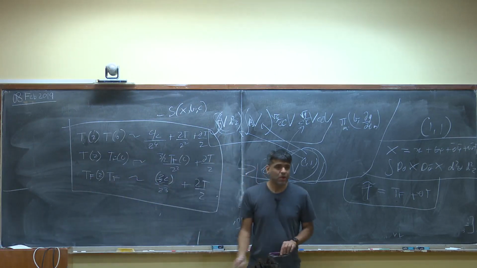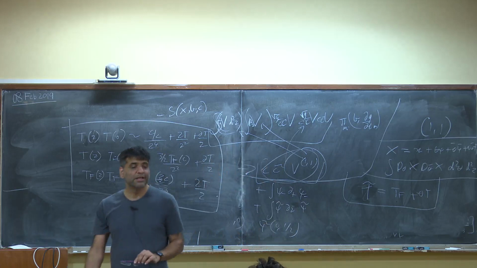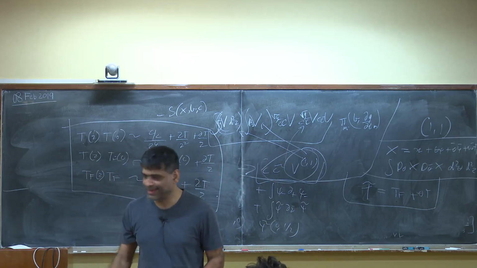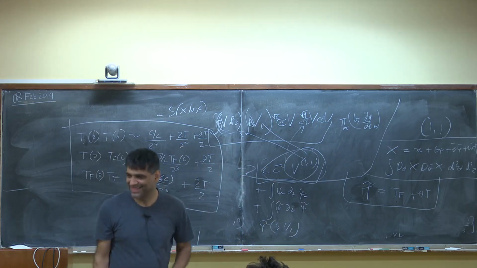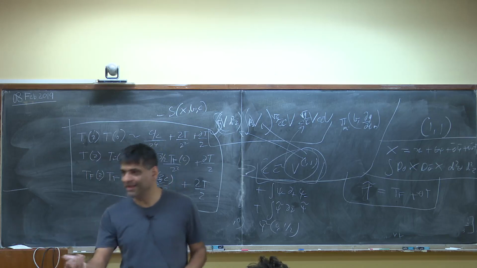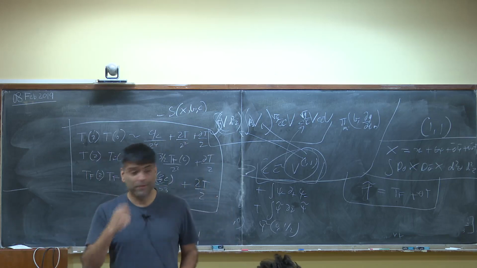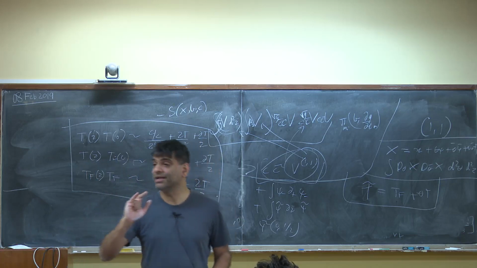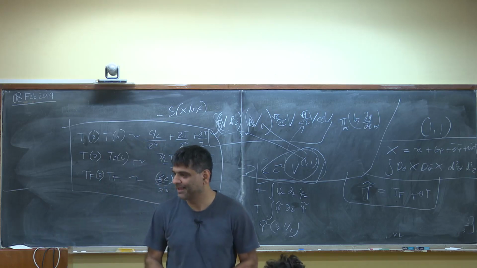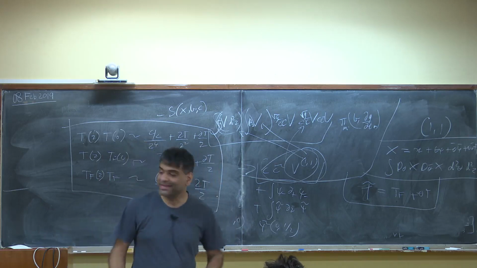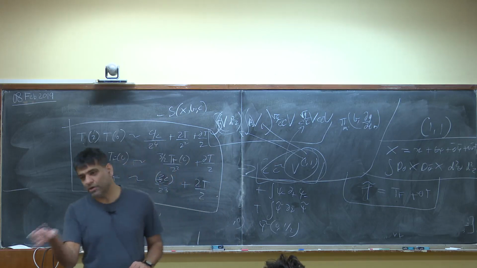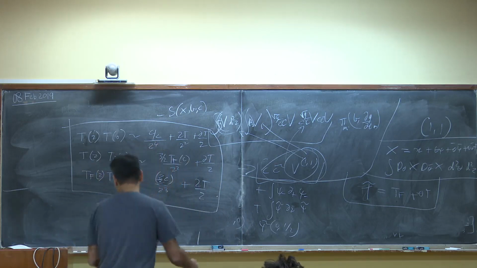We also put the ghosts into supermultiplets. Do you remember that? For every b there was a beta, for every c there was a gamma. We worked out the OPE of these superfields and used that to deduce what the beta gamma OPEs had to be. And beta gamma OPEs were very similar to bc OPEs.